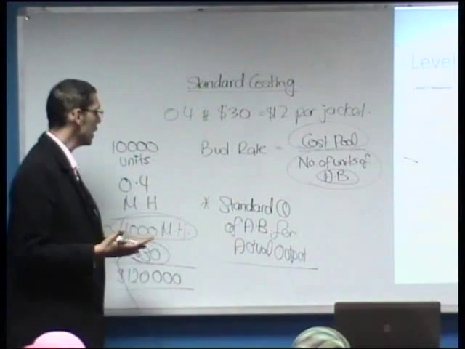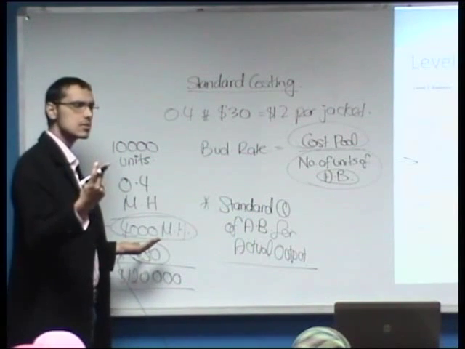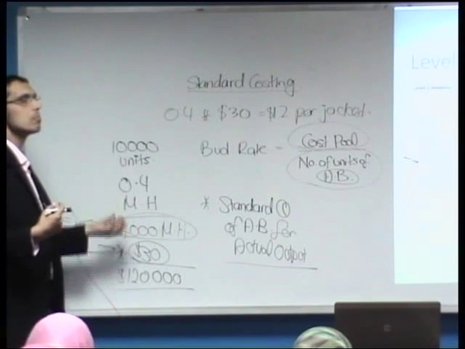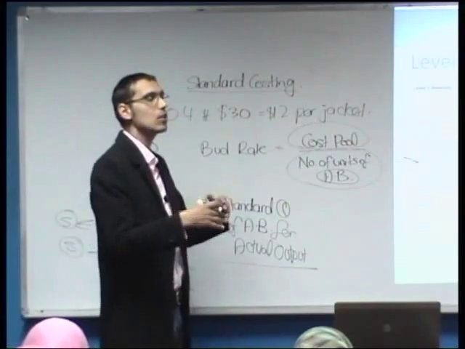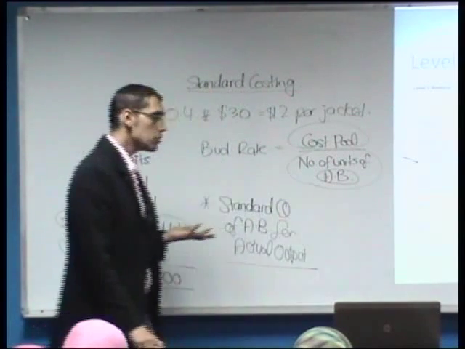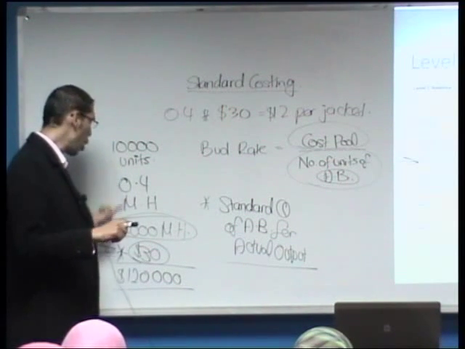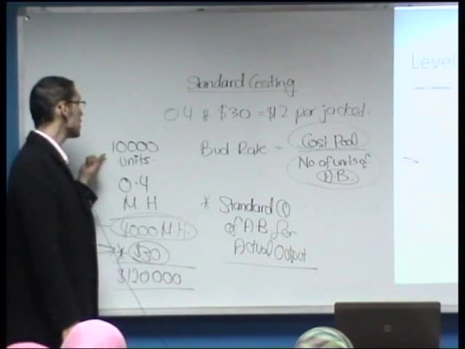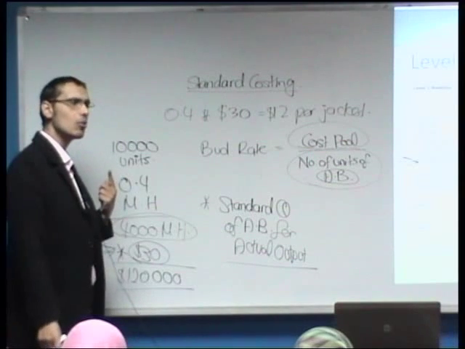Therefore, as we can see here, the differences could be caused by two reasons. The first reason could be because of the number of units of the allocation base that has been used to allocate these costs. Maybe the 10,000 units used up more than 4,000 machine hours. Or maybe the 10,000 units used up less than 4,000 machine hours.